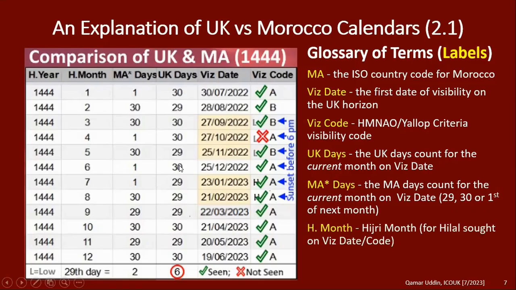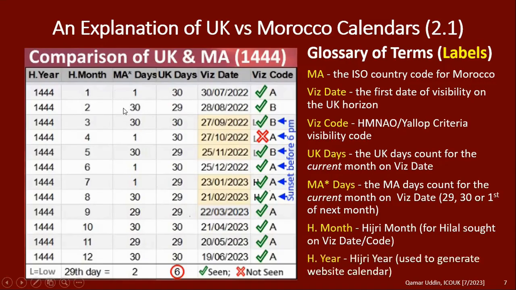Hijri month, that's the month number for which we are looking for the moon. It is not the month that we are currently in. We are looking for the moon for next month, okay?